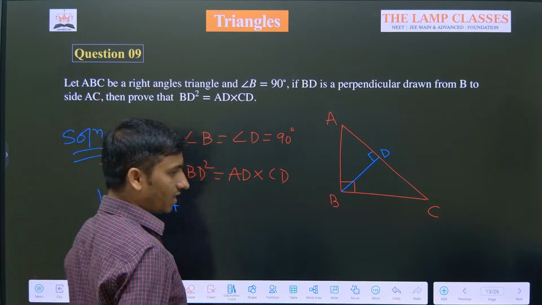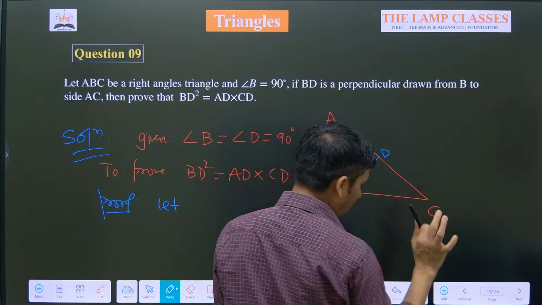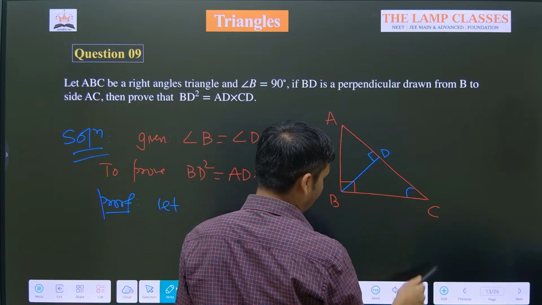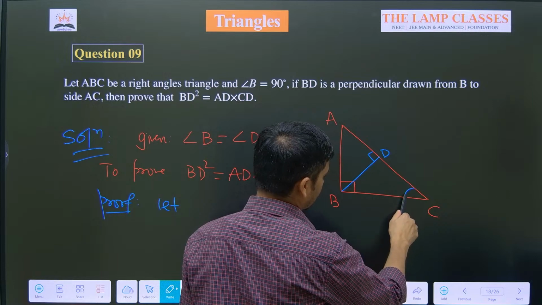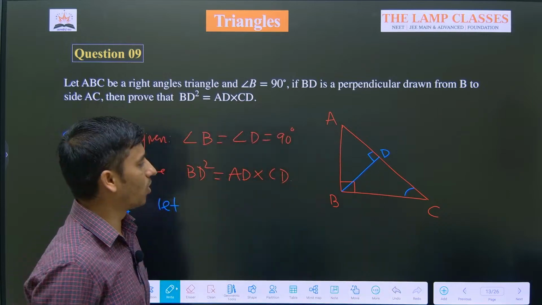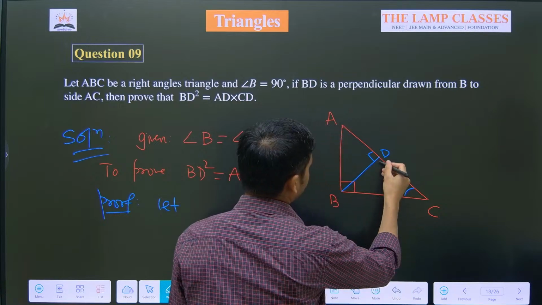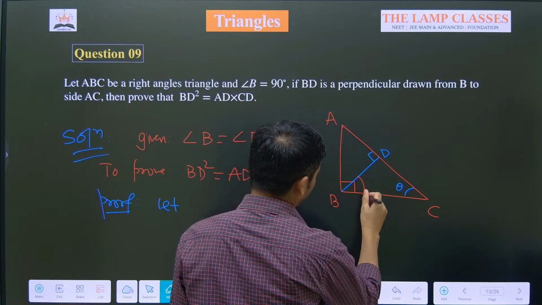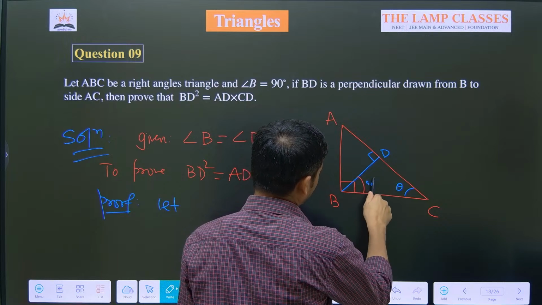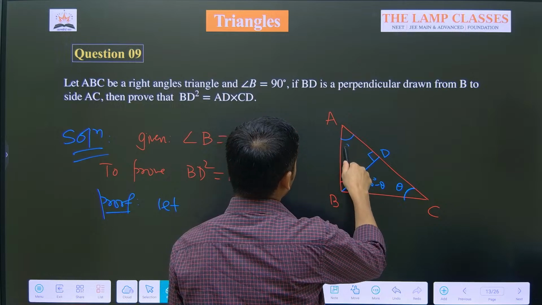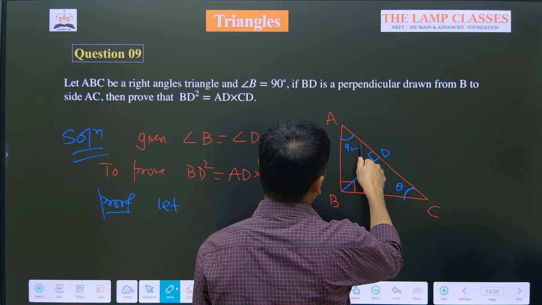So first you can write the diagram properly. As I told you in the previous one also, let's take one of the angles. You can name it x or theta, whichever letter you like more. So if I call this theta, this angle is 90, so this has to be 90 degree minus theta.